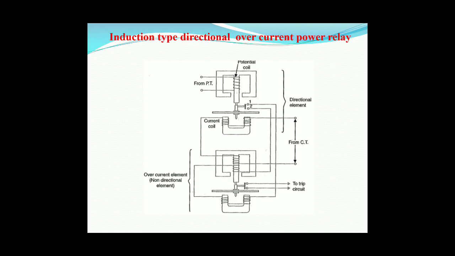In the induction type directional relay we check only the direction, and in the induction type directional overcurrent power relay we check the direction and also the overcurrents. Then the relay will be operated. This is the basic construction, working and operation of directional overcurrent relays. Okay, thank you.